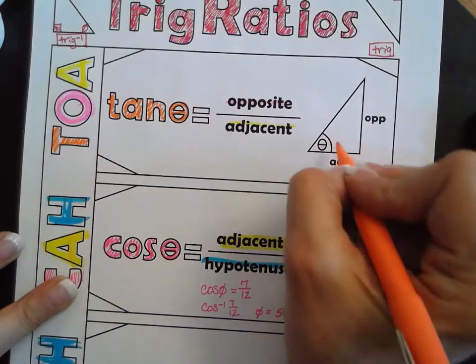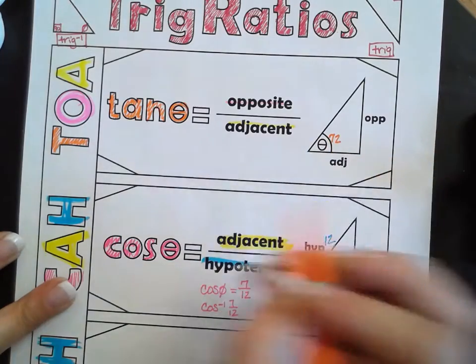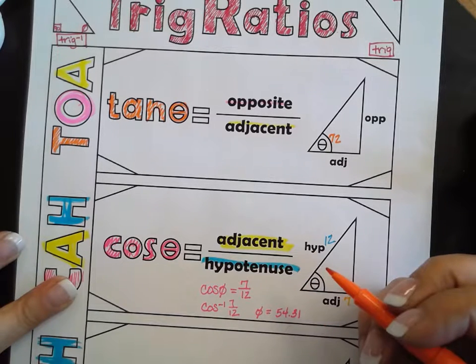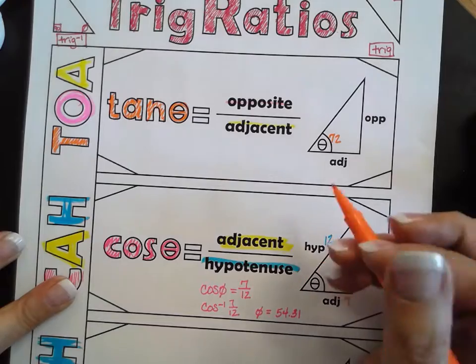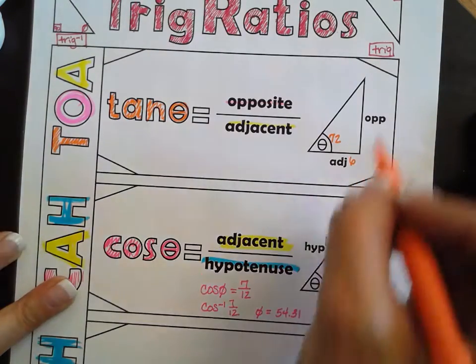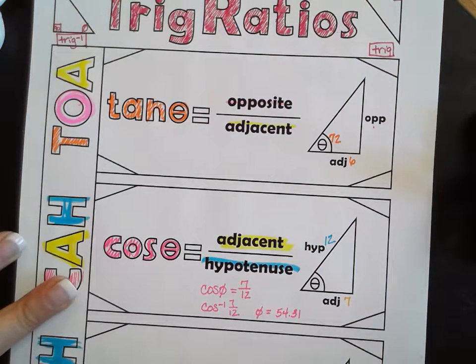Anyway, alrighty, so let's say we have, give me an angle measure. 72. Right, we have an angle measure of 72, and I know that the adjacent is, give me a number. 6 is good, that's fine. Alright, and we're looking for the opposite.